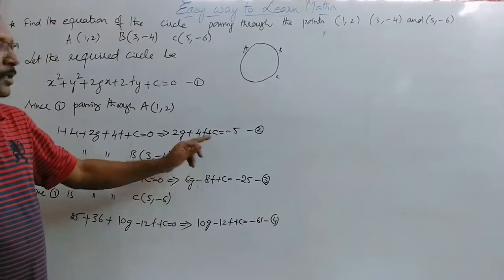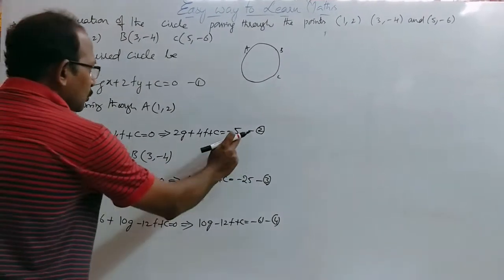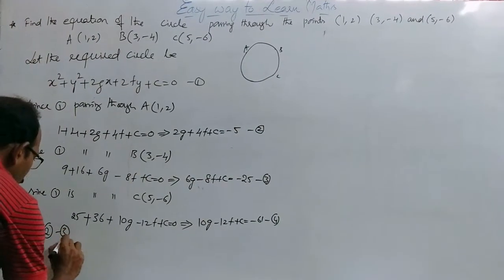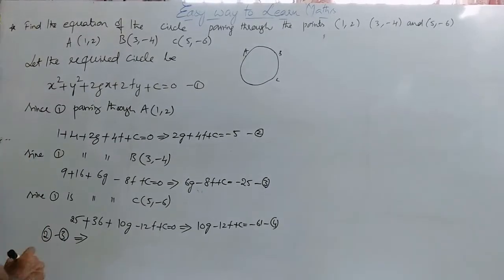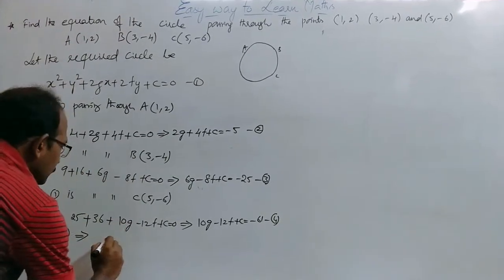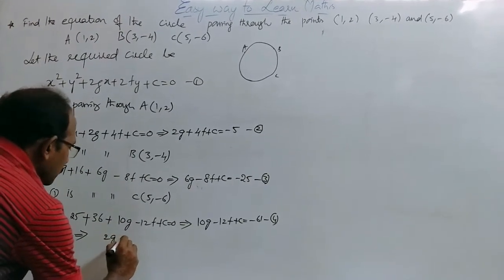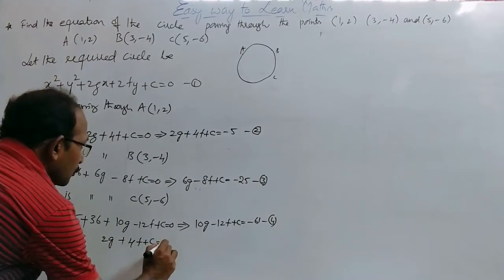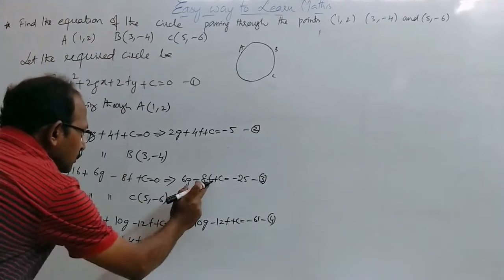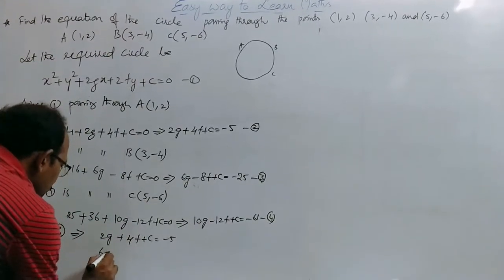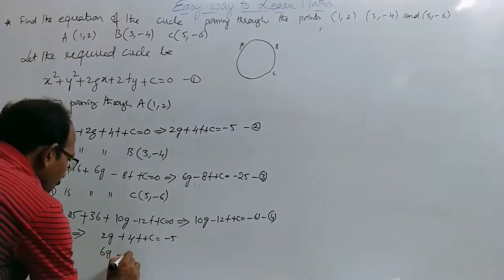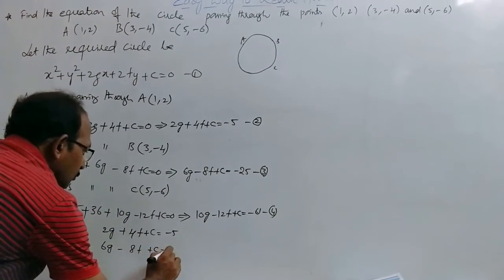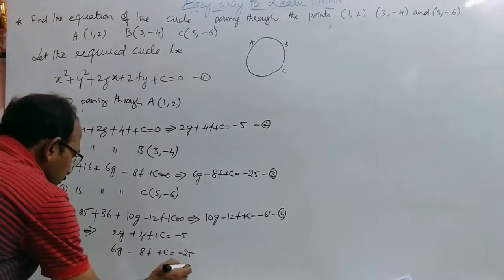Now by using 2, 3 and 4, we have to solve the values of g, f and c. It's our target. Let us consider 2 and 3, 2 minus 3. The second equation is 2g plus 4f plus c is equal to minus 5. The third equation is 6g minus 8f plus c is equal to minus 25.